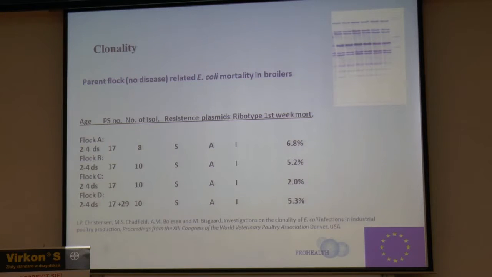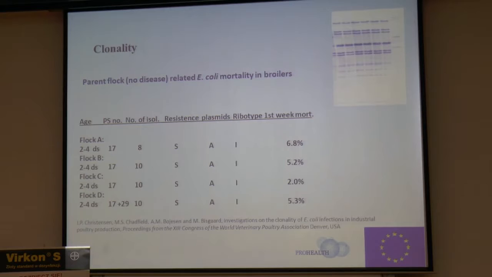When we move to the aspect of vertical transmission, I will start showing you some older data we presented a long time ago, more than 10 years ago, because we were quite interested in vertical transmission. Is all E. coli capable of being transmitted?